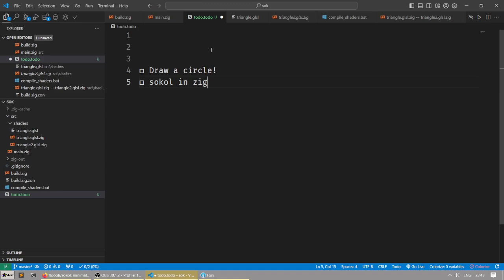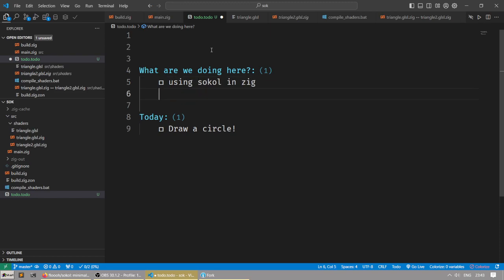I have Sokol and Zig, and today we're going to draw a circle, using Sokol and Zig. It was part of a game jam that I was on Sunday. And I was working alone and I wanted to try something new.